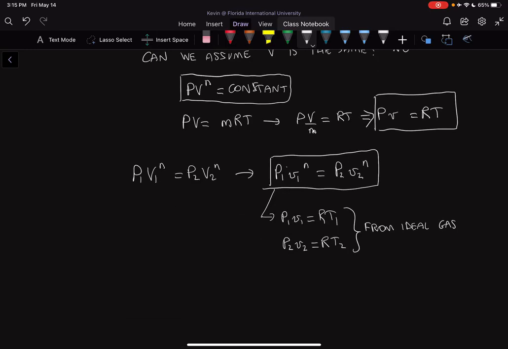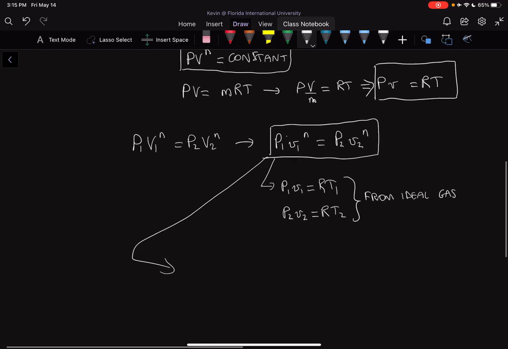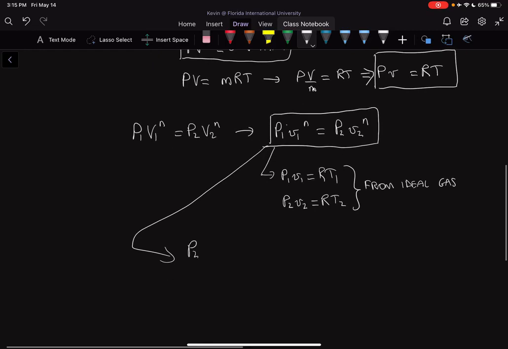Now we can take the first equation and rearrange it: P2 over P1 is equal to V1 over V2 to the power of n. We bring V1 to the n to the right side and P1 to the left side.